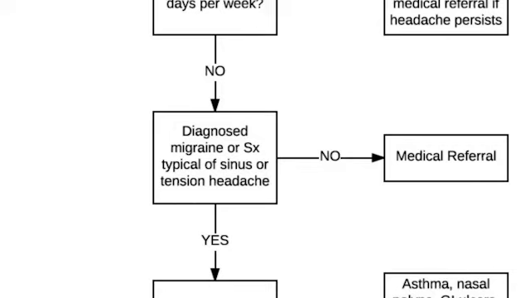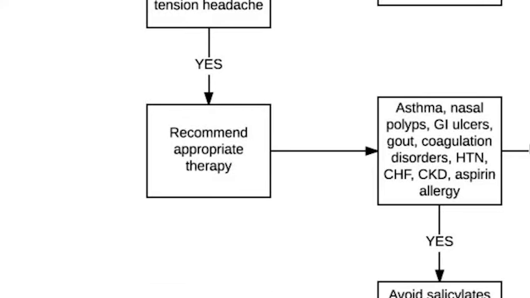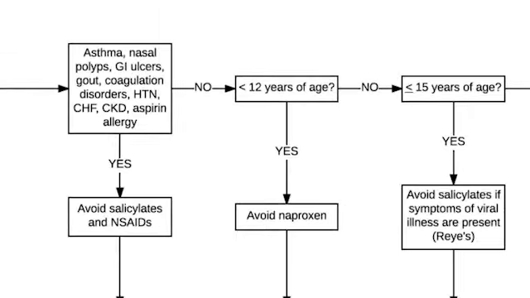So we need to start by looking at some of the rule-out symptoms. We need to make sure that they don't have asthma, nasal polyps, GI ulceration, symptoms of gout, any kind of coagulation disorders or on an anticoagulant, hypertension, CHF, chronic kidney disease, or an aspirin allergy. If they have any of these, we really should probably avoid salicylates and maybe even NSAIDs. If they're less than 12 years of age, we need to stay away from naproxen because of labeling.